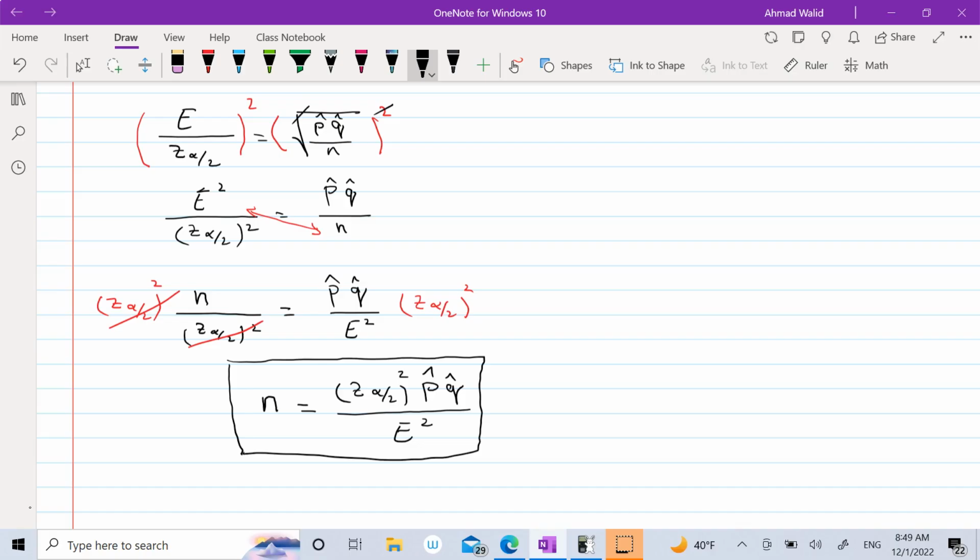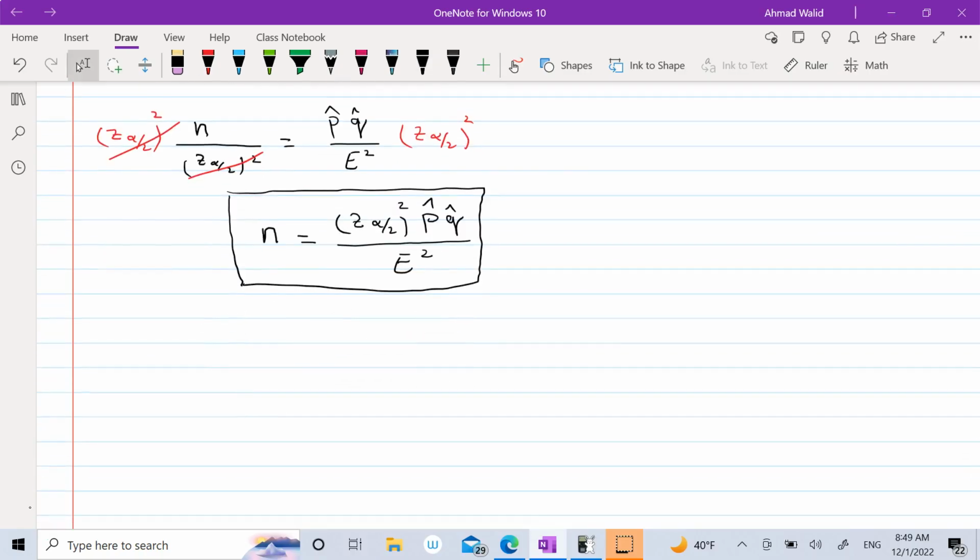We know what is P hat, we know what is Q hat. There is a worst case scenario. The worst case scenario is that if you don't know the probability of success, if you don't know your P hat and if you don't know your Q hat, in this case, we calculate P hat as a 50% chance, 0.5, and also Q hat as a 50% chance, because if P hat is 0.5, then Q hat is also 0.5.